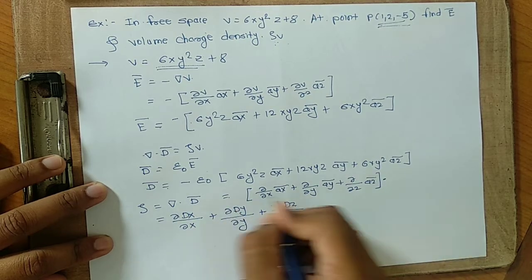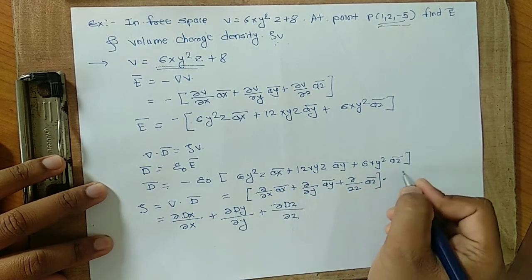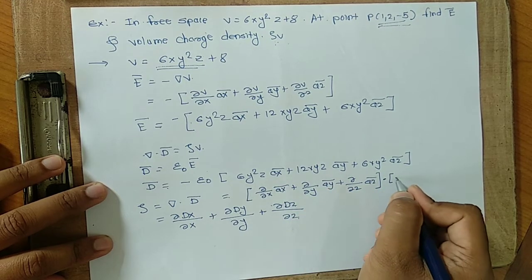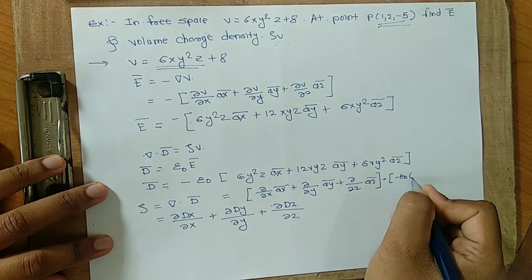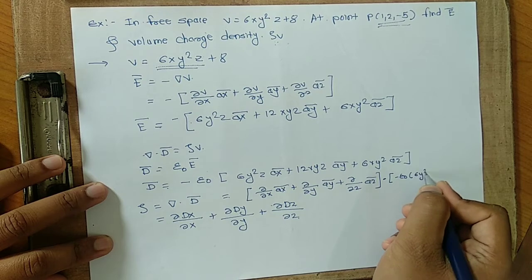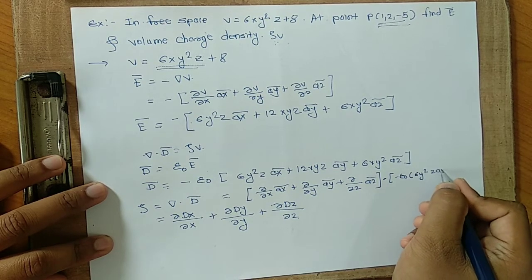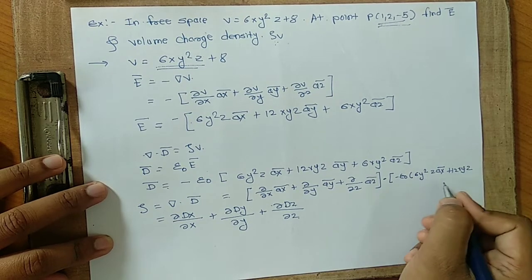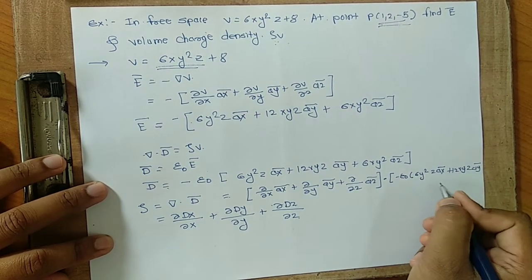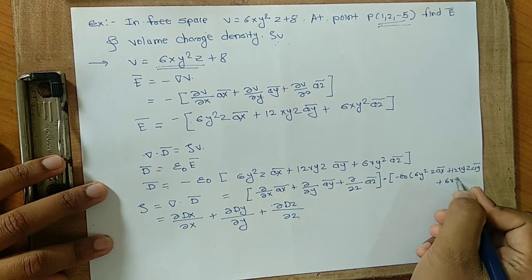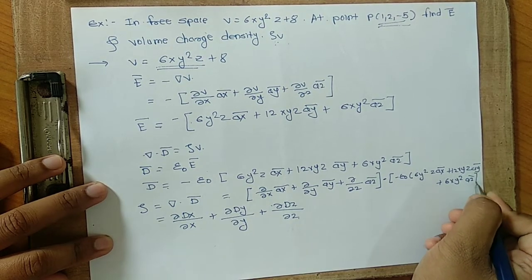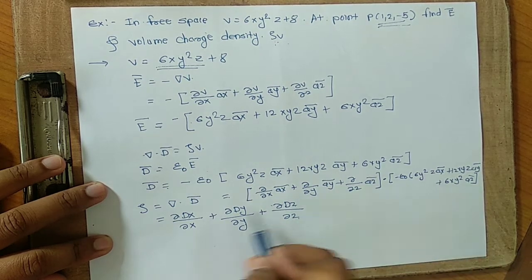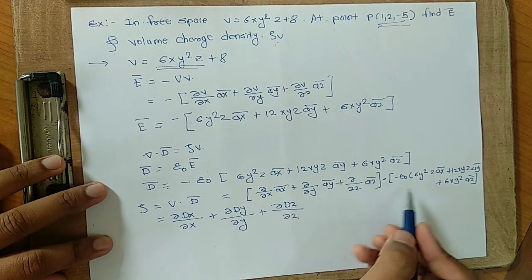What is D bar? D bar is this, you write that equation again: minus epsilon 0 in bracket 6y square z ax bar plus 12xyz ay bar plus 6xy square az bar. So what will happen? Only ax bar with ax bar terms will get together and other terms will get cancelled.